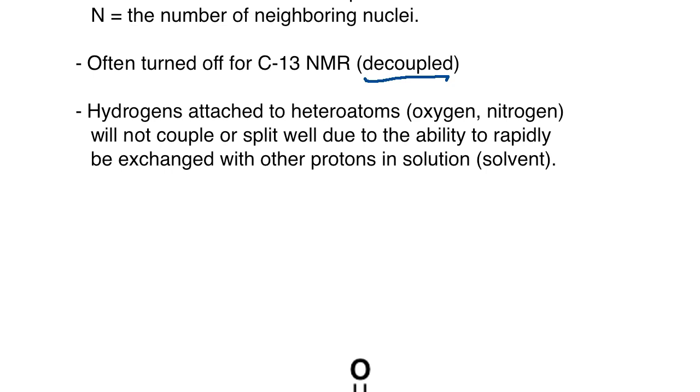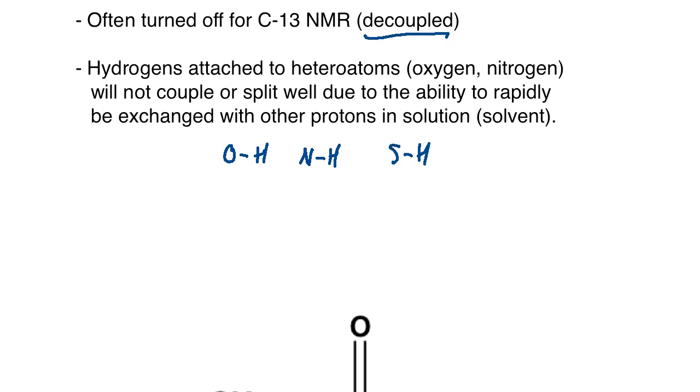So when you have things like OHs and NHs, or maybe an SH, these types of protons very readily exchange in solution. Whether it's your solvent or other molecules in your solution, it is very common for these to not have a decent splitting or coupling that is observed.